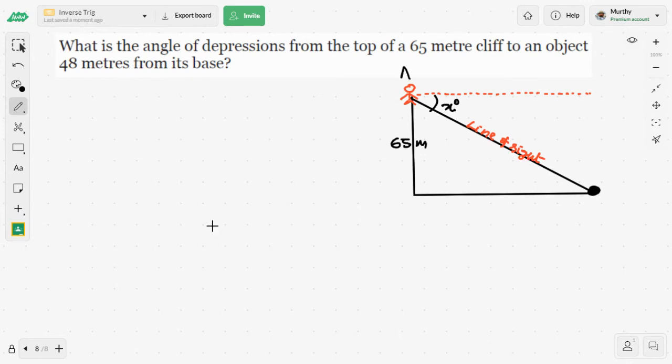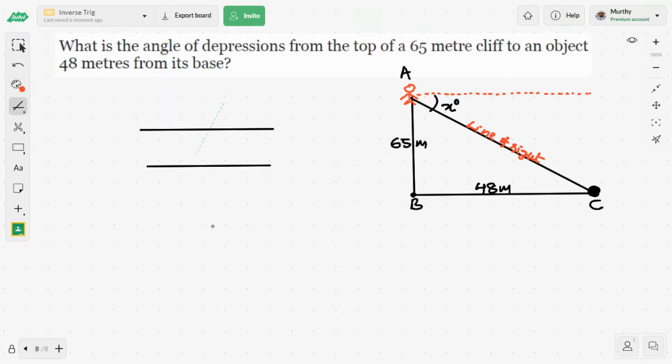Let me label this as A, B, and C. Say that the object is at point C, and the distance is 48 meters from its base. So here is the cliff base, that is B, and this is 48 meters.